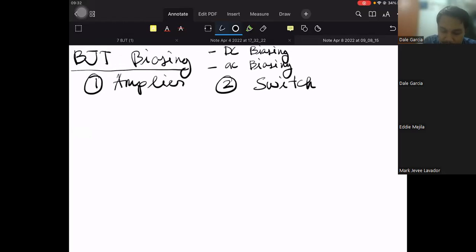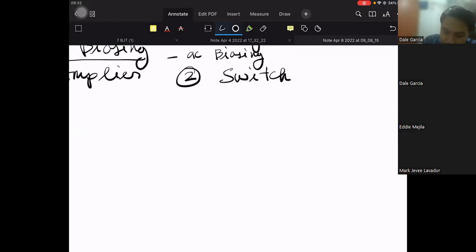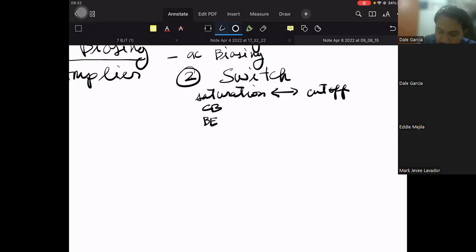When we bias a BJT as a switch, remember that it will be in both the saturation and cutoff regions, of course not at the same time. They interchange: at one instance it is in saturation, at another in cutoff. At saturation, both the collector-base and base-emitter regions are forward biased.